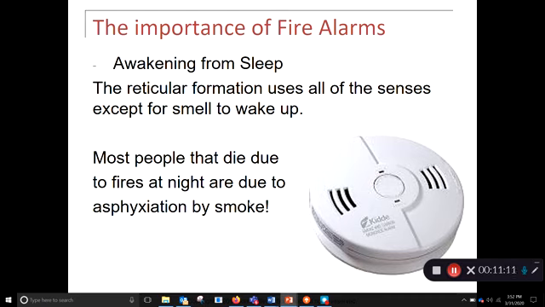Most people die in fires at night due to smoke asphyxiation. They don't smell that smoke. That smell does not wake them up because the stimuli for smelling does not go through the reticular formation. Hence why it's so important that you keep your fire alarms updated, because you will not smell that smoke and you will die in your sleep.